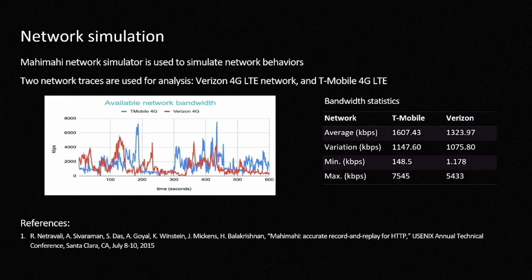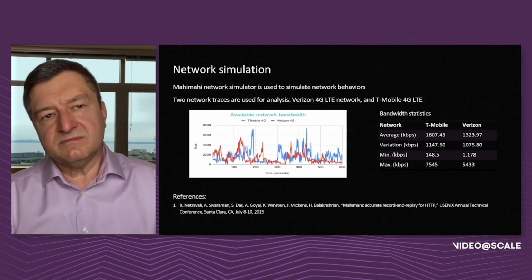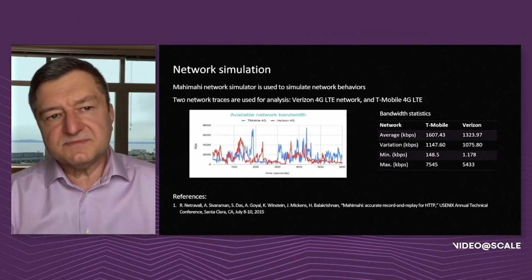Both of these traces are pretty challenging. Right in the middle of the session, there is a handoff situation where the bandwidth drops almost to zero. And for our purposes, this is just perfect. We want to force clients to buffer at least once and see the full spectrum of behaviors of streaming clients and streaming systems.